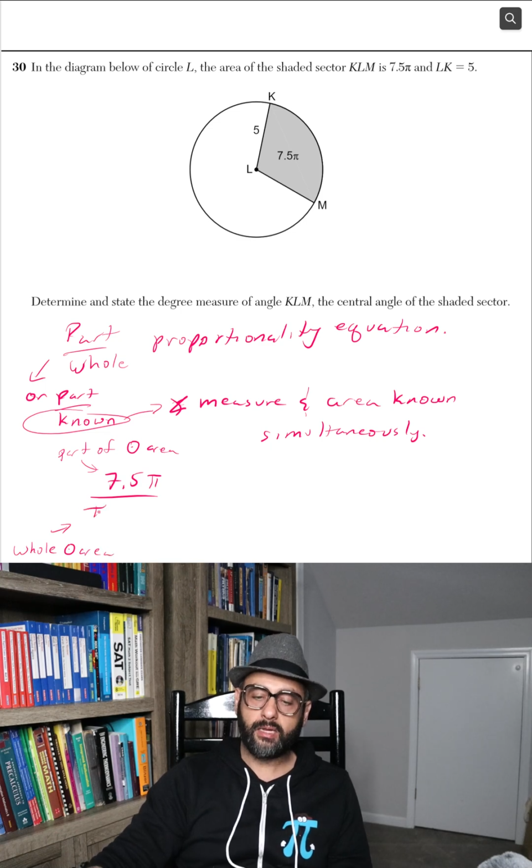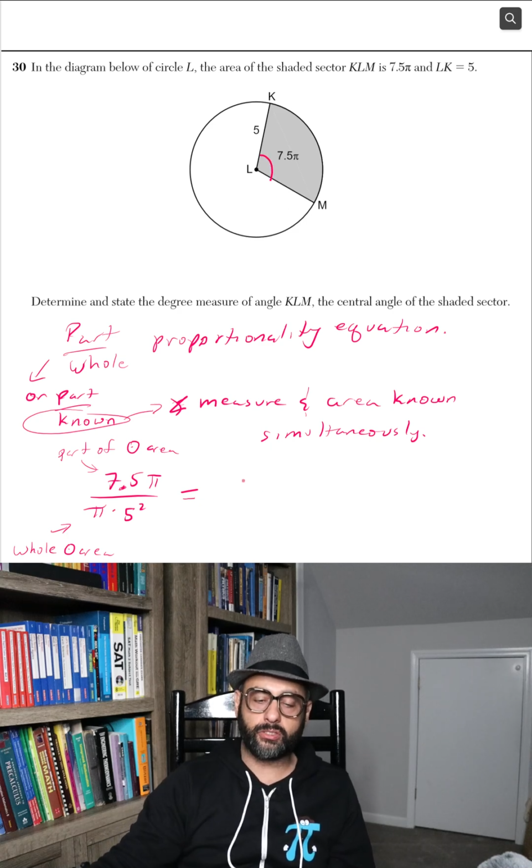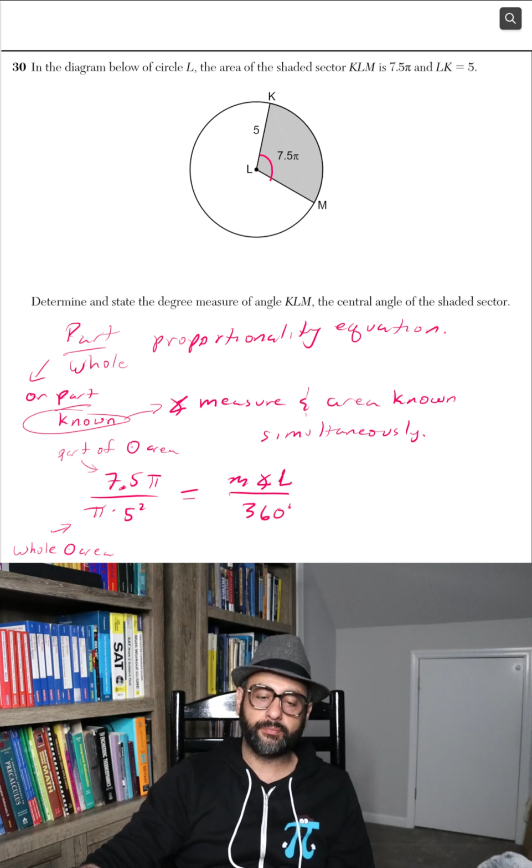That's pi times 5 squared, which is 75. I'm sorry, 25 pi. I did a quick estimate, sorry about the 75. It's 25 pi. And that's equal to the part of the circle angle measure, that's equal to the measure of angle L, which is a mystery number, divided by the whole circle angle measure, which is 360 degrees. And notice that the only thing that's unknown here is the measure of angle L.